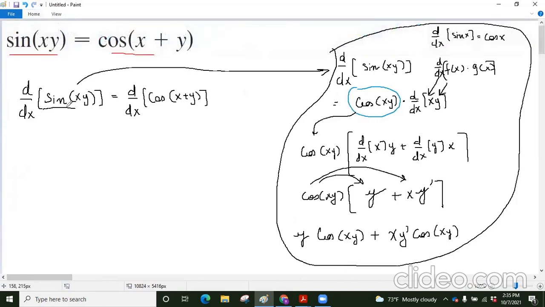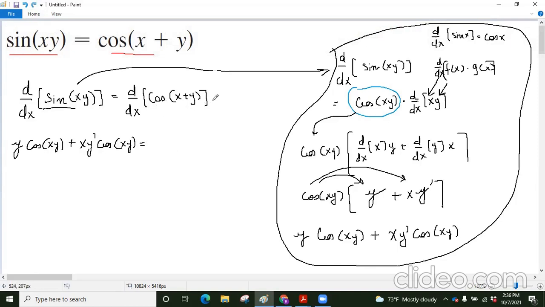We're going to say that the derivative of sine of xy is y cosine of xy plus x y prime cosine of xy. And now we're asked to find, what's the derivative of this?